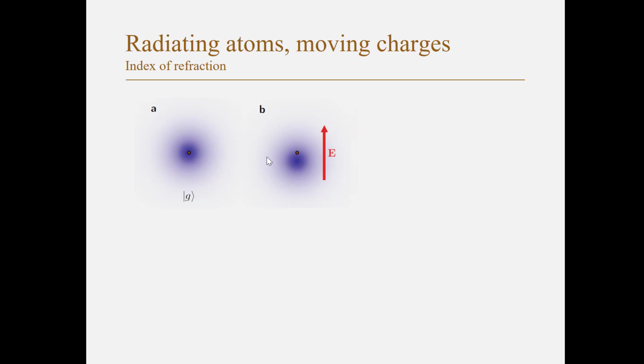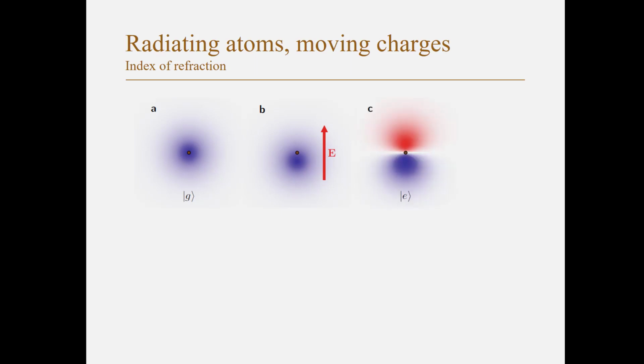But anyway, we apply an electric field, and since the nucleus is heavy, if we have a varying electric field, it's basically not going to move very much because it weighs a lot more than the electron. But the electron cloud is going to be displaced. Now we want to construct a hand-waving quantum mechanical description of this displacement of the electron.